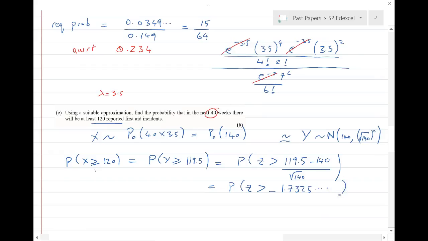I'm going to use the tables here. I'm going to draw the diagram. This is for our Z thing here. We want the probability that it's more than this number, and we've got a negative, so it's the left hand side of this.